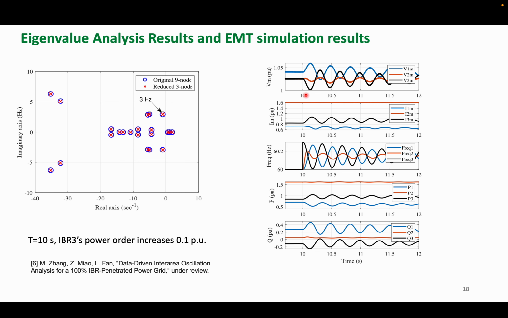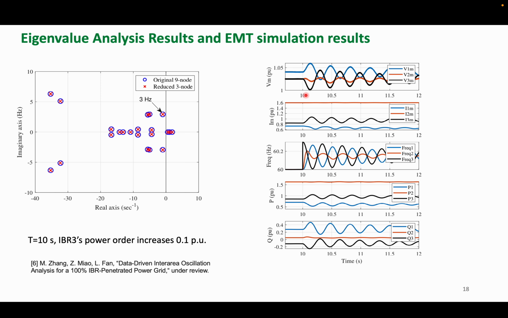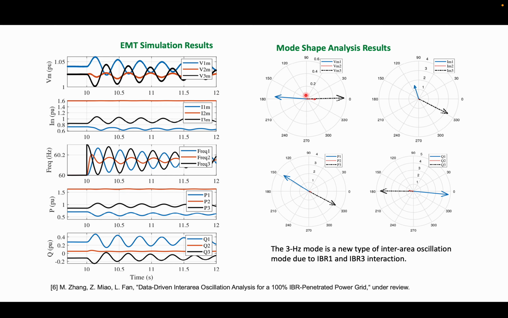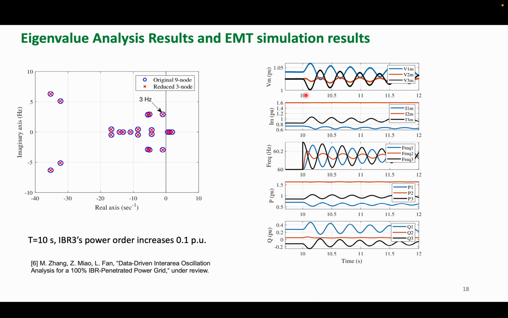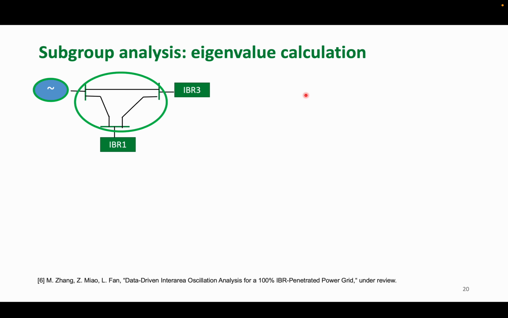All right, so the next thing is about the matrix to validate this, to give more explanation. This is actually the bus 1 and bus 3 relationship, which can be based on subgroup analysis.